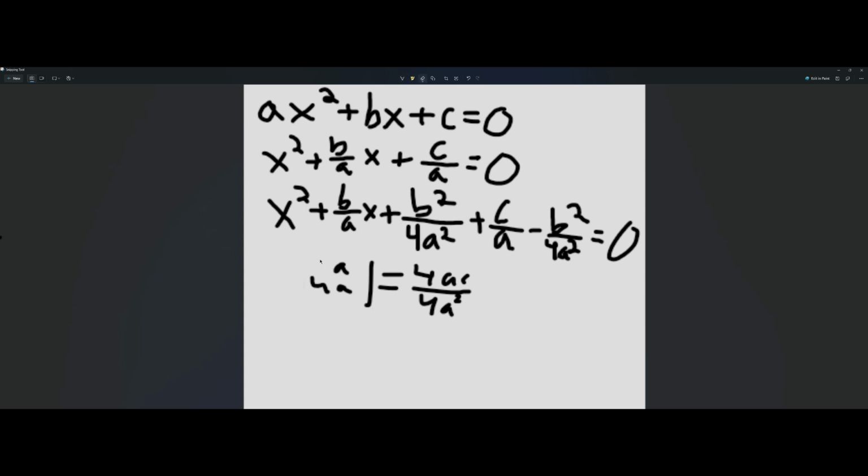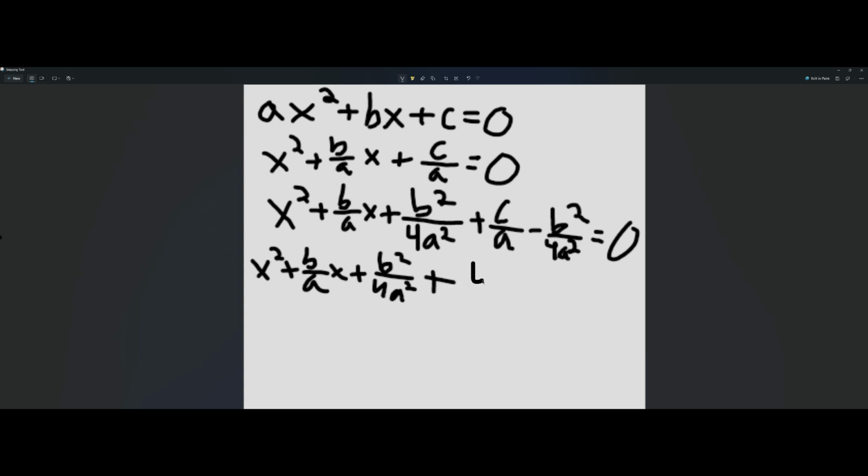Okay, so when we do that simplification, we get x squared plus b over a x plus b squared over 4a squared, right?